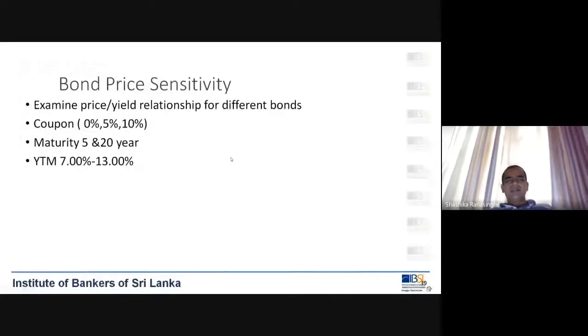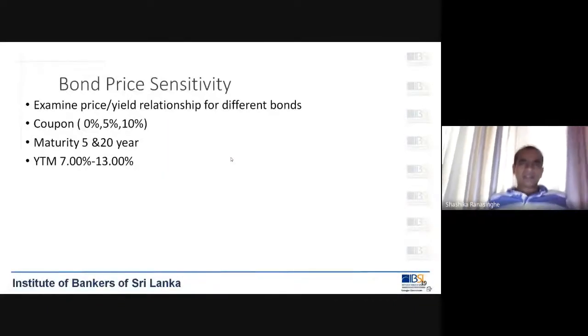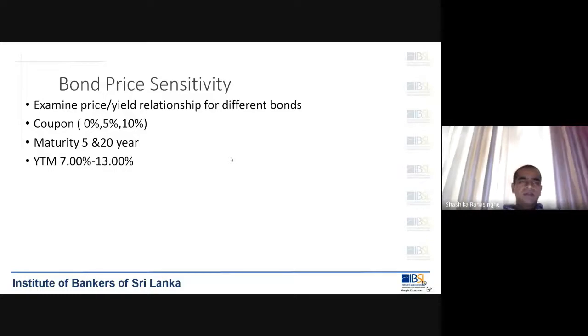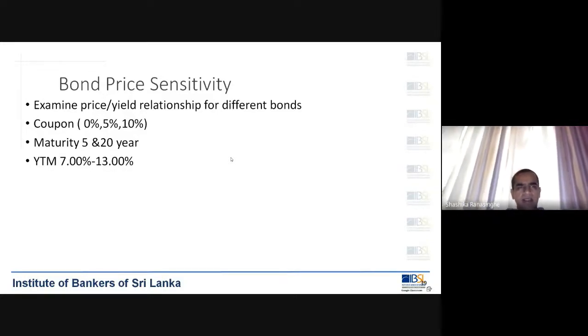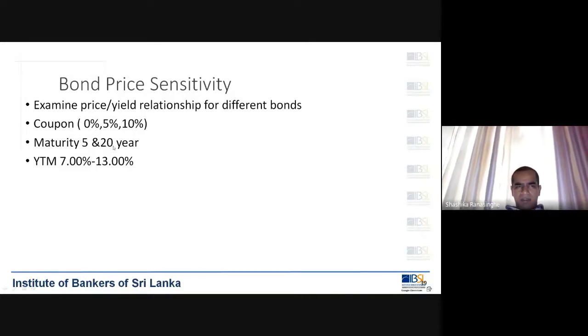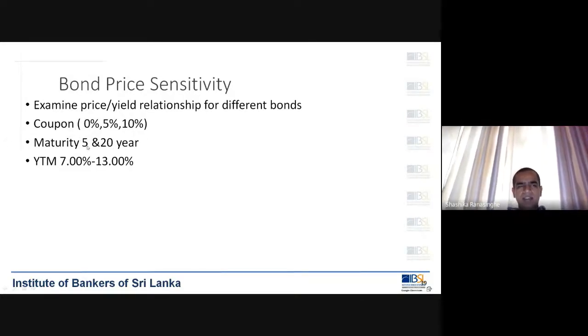Bond price sensitivity, meaning duration. The price sensitivity of a bond is measured using duration. Examine the bond price and yield relationship for different bonds. You have three bonds: 0 coupon bond, 5% coupon, and 10% coupon, and two different maturities, 5-year and 20 years.